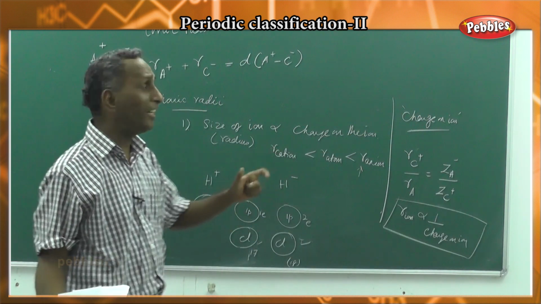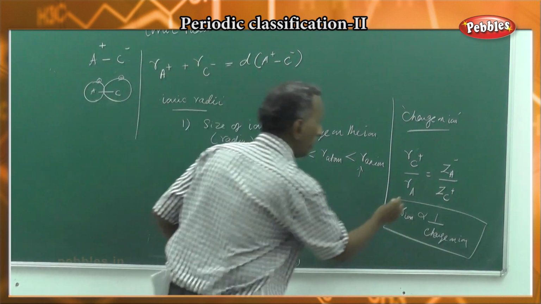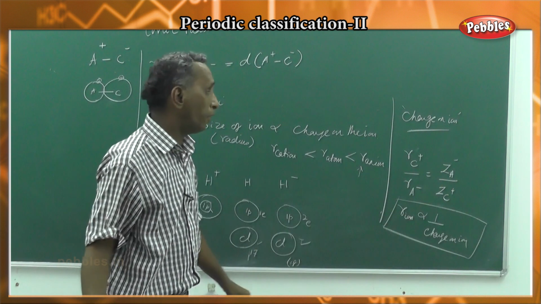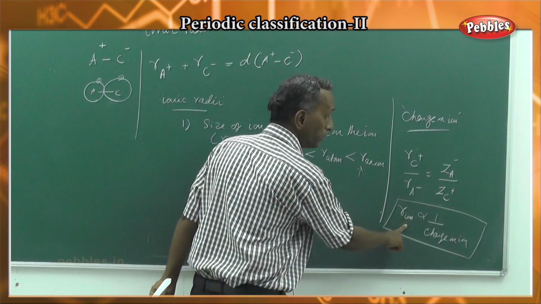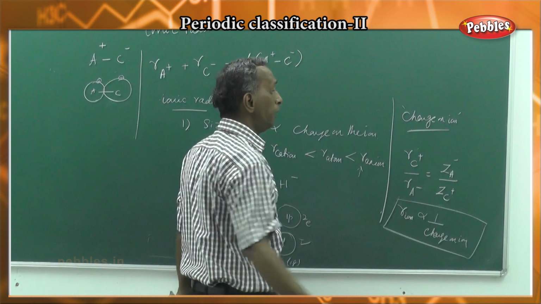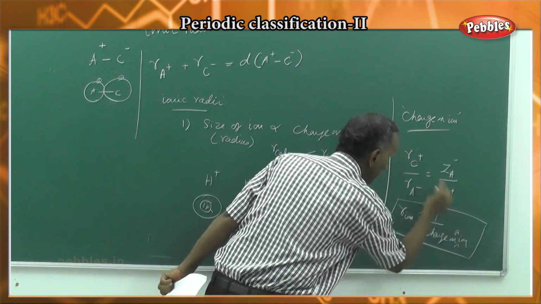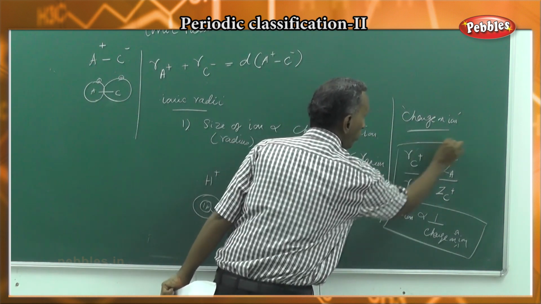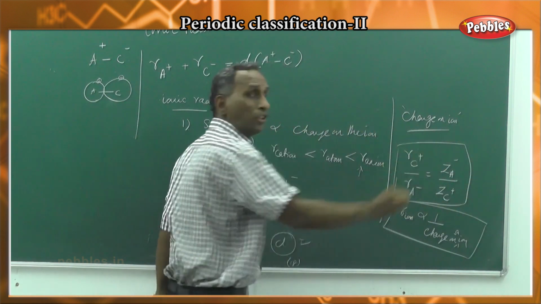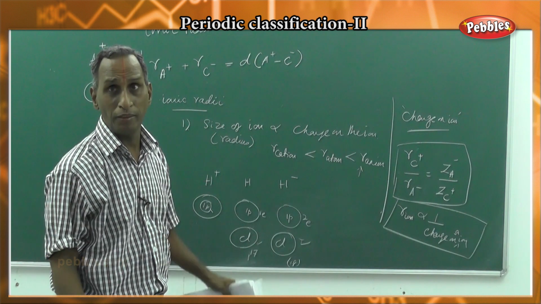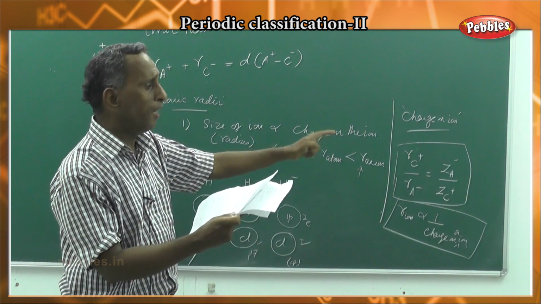If you compare the radius of the anion and cation, the radius of an ion is inversely related to the charge on the same ion. That is to be noted. Here we have compared the radii of two different ions in terms of the charges. This is the general formula to be noted.